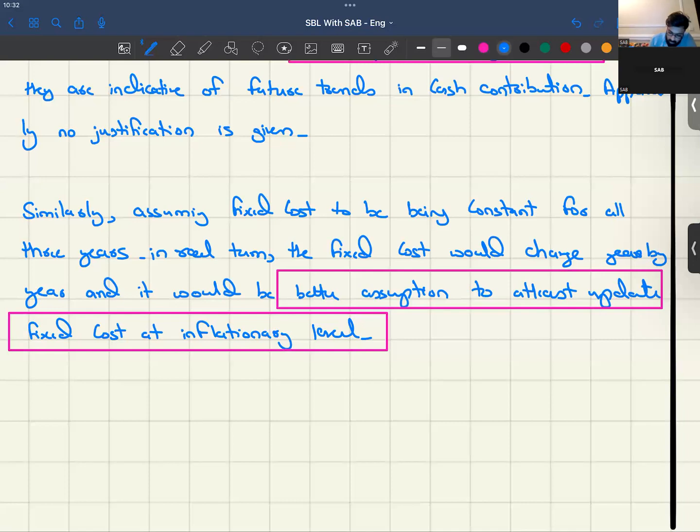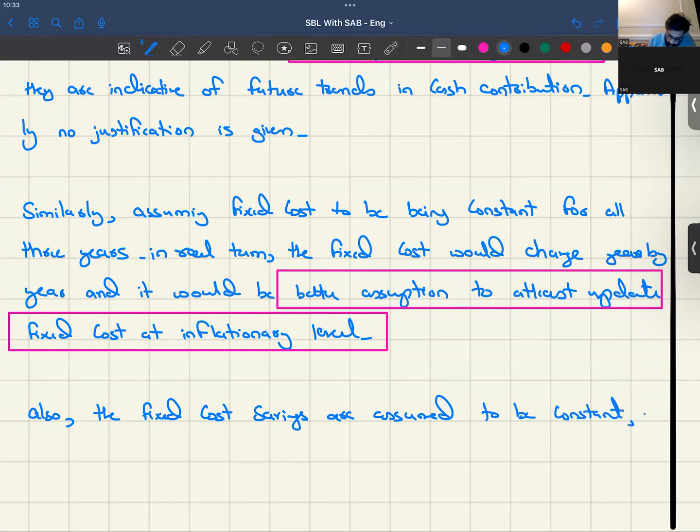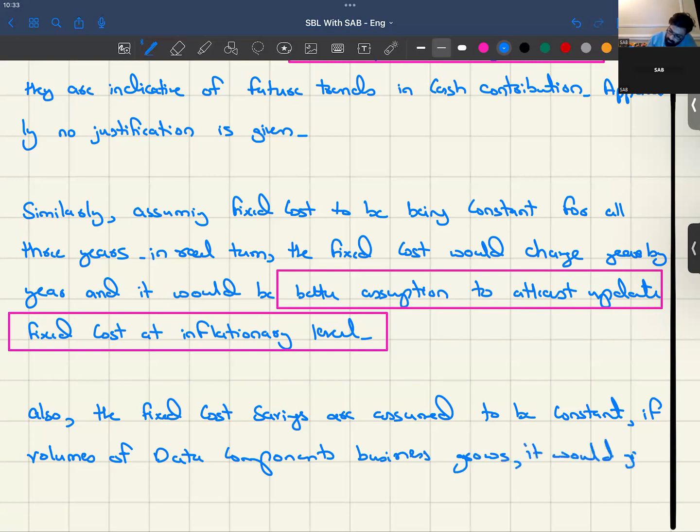Similarly, also the fixed cost savings are assumed to be constant. If the volume of the data components business grows, it would give greater savings.